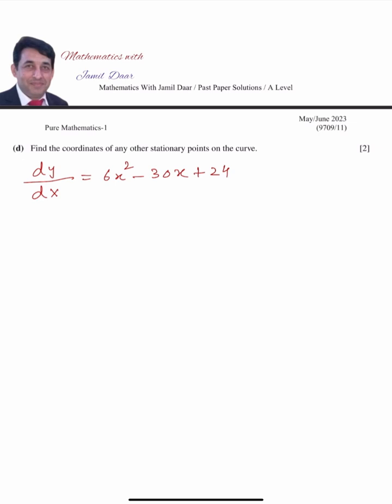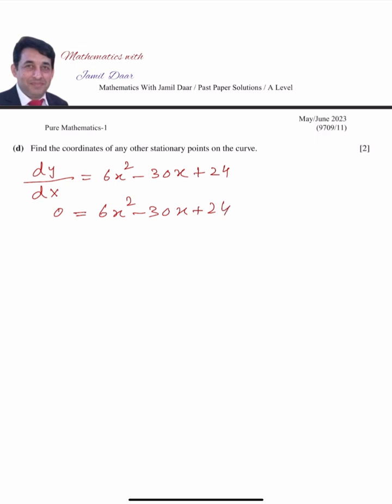You know that as this is dy over dx, this is the gradient, and at a stationary point, this value is substituted. x is equal to a is equal to 4 for the gradient of tangent. So the gradient of tangent, dy over dx, is equal to 0. So we'll substitute 0 is equal to 6x square minus 30x plus 24.